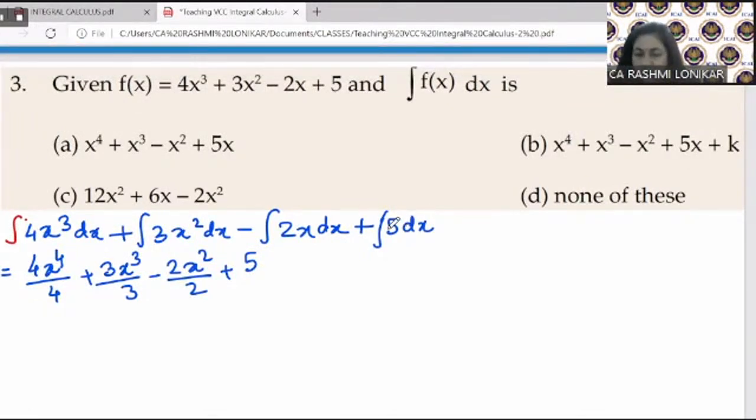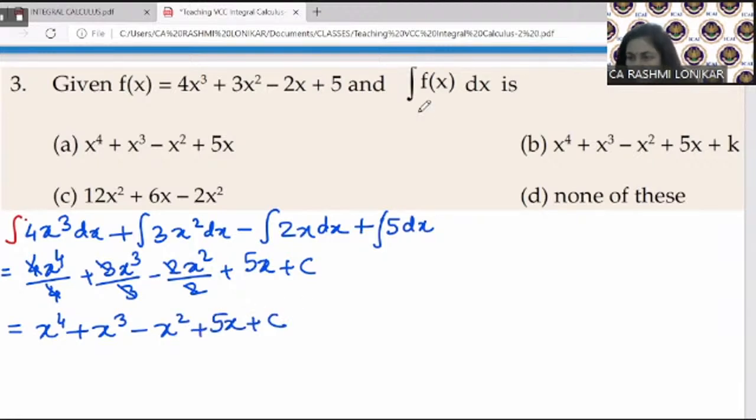So what will it be? 5x plus c. Now this 4 will get cancelled, this 3 will get cancelled, and this 2 will get cancelled. We are left with x raised to 4 plus x cube minus x square plus 5x plus c.